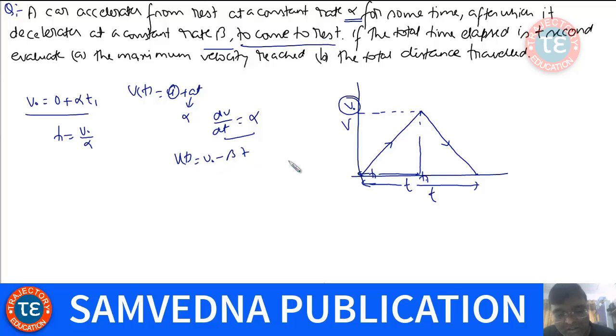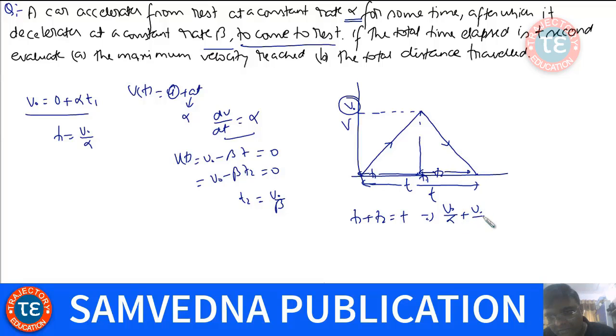And thereafter it starts from v naught and undergoes deceleration and goes to 0. Suppose t2 is the time taken by the car to reach 0. So v naught minus beta t2 is 0, so t2 is v naught by beta. This t1 and this t2 added together is T. So v naught by alpha plus v naught by beta is T, or v naught will be T into alpha beta by alpha plus beta.